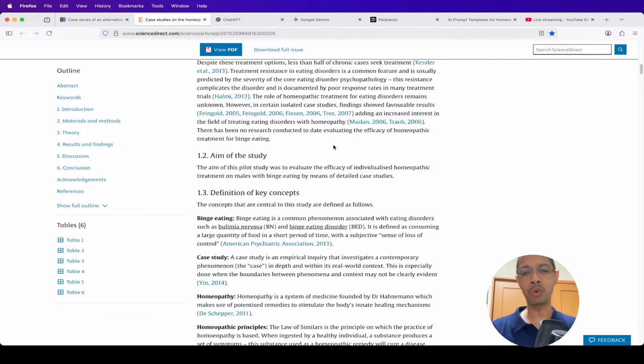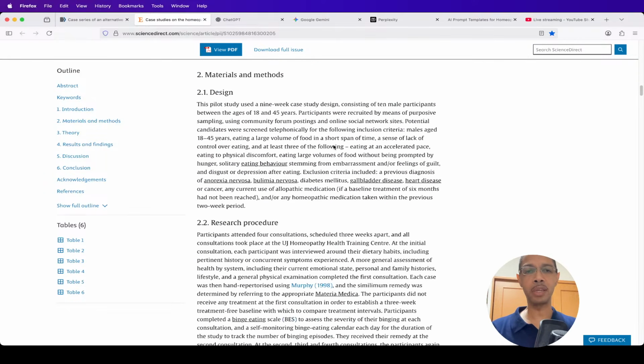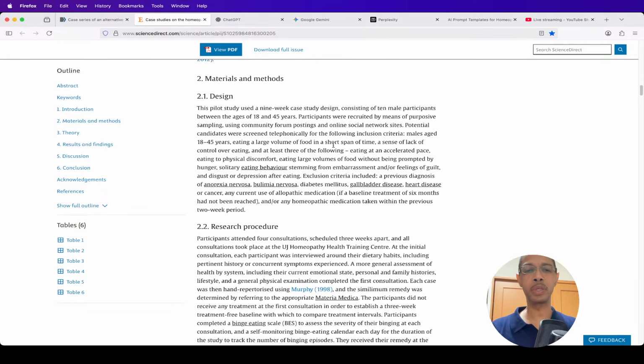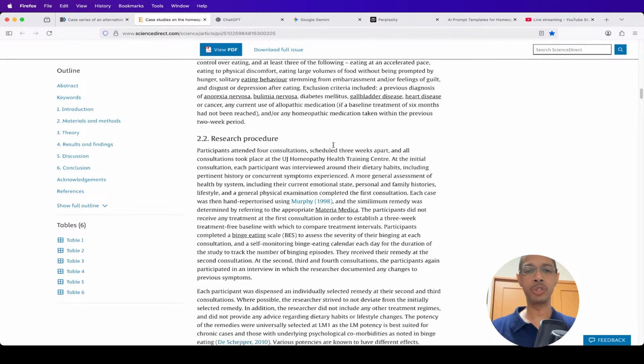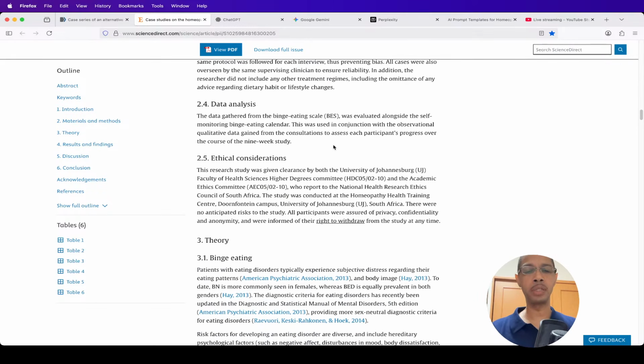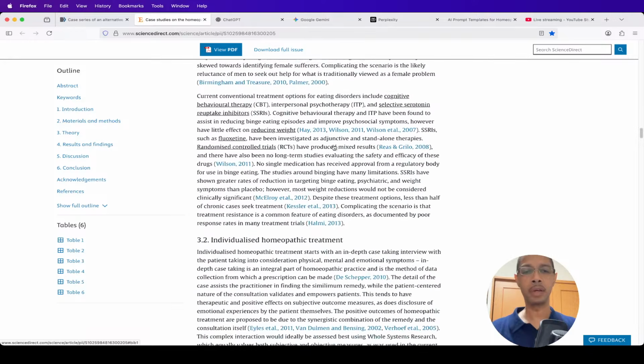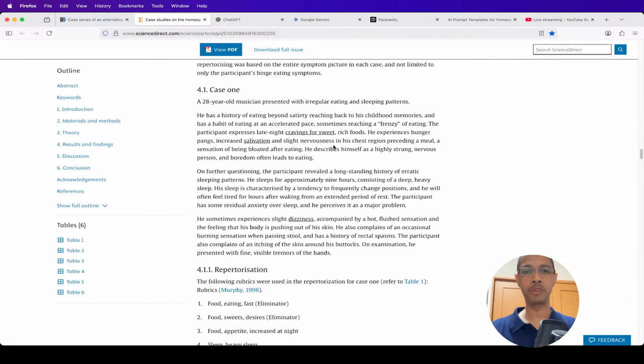Another reason I chose this is because of the team that did this case study. Let's get down to the first case here. You can see they repertorized it with Dr. Murphy's 1998 repertory. I believe that might have been the second edition.